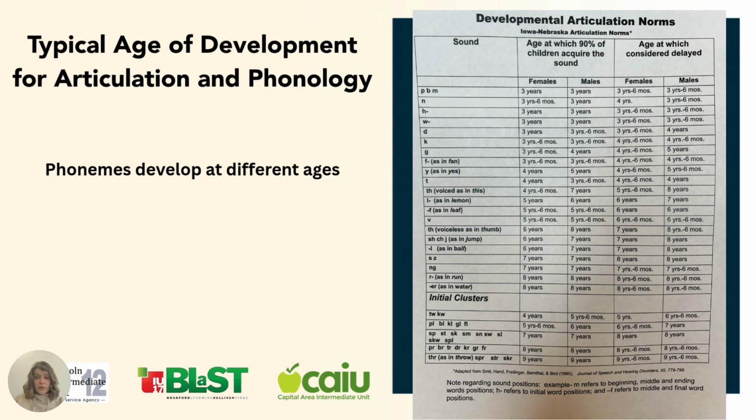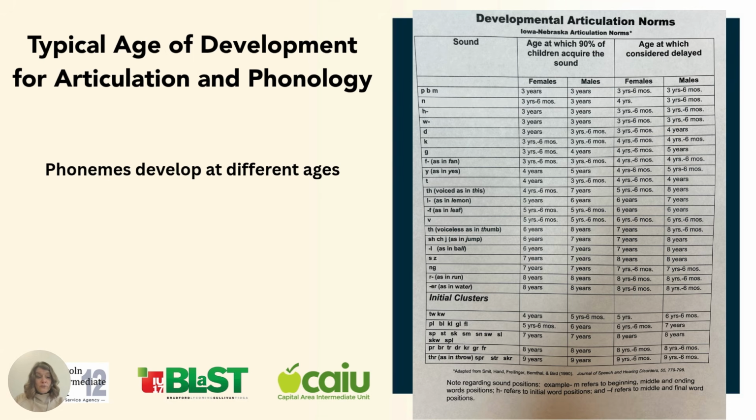When you skip down a little ways, you'll see that certain sounds don't develop till closer to 4. Some children have them anyway, but K and G come along a little bit later. And then if you keep going, you'll find your S and Z come along a little bit later.